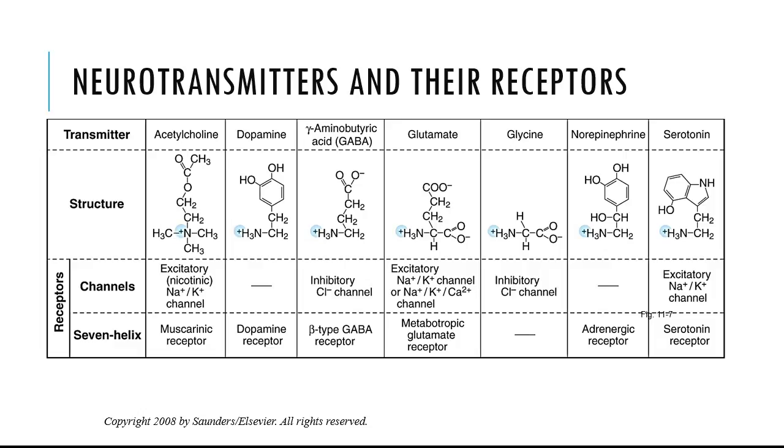So if I'm at minus 70 and then I add sodium, my cell will depolarize. If it gets to threshold or not depends on the amount of acetylcholine. Does that make sense?